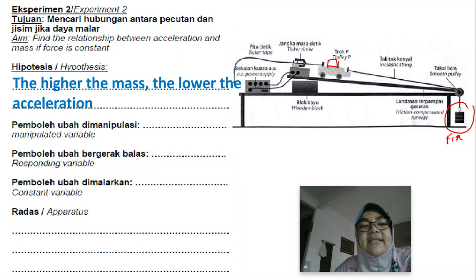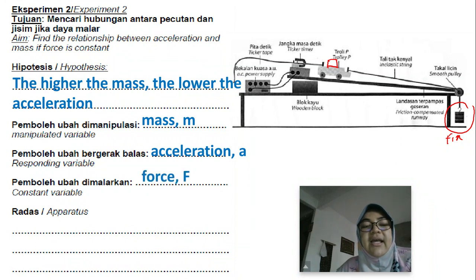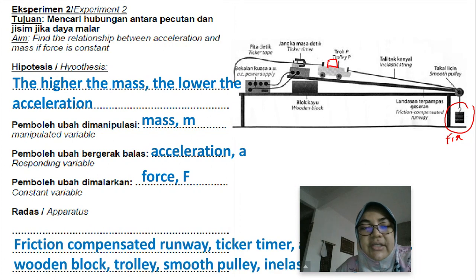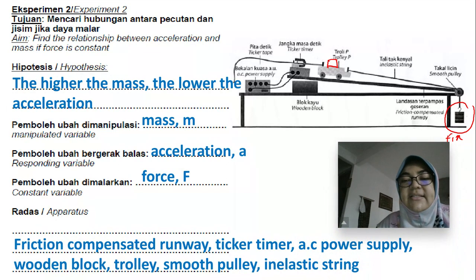So the higher the mass, the lower the acceleration. So we know the manipulated variable is the mass, the responding variable is the acceleration, and the constant variable is the force. Okay, so the apparatus is the same: friction compensated runway, ticker timer, AC power supply, wooden block, trolley, smooth pulley, inelastic string.